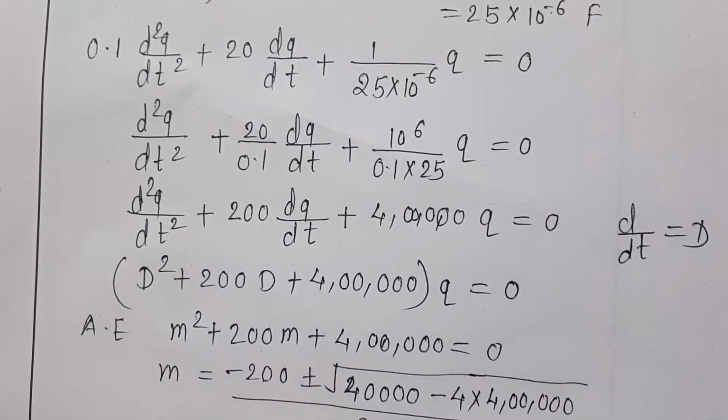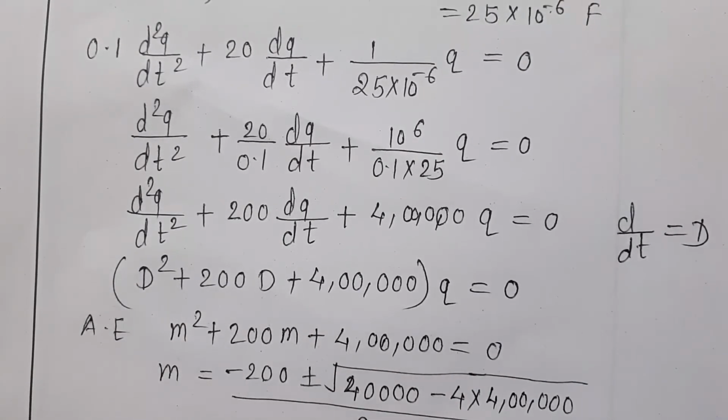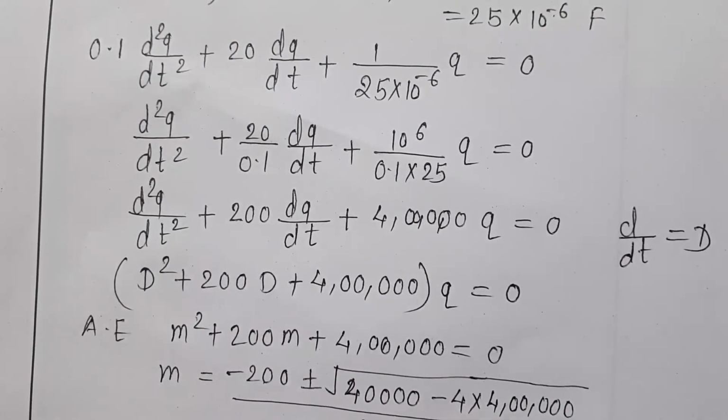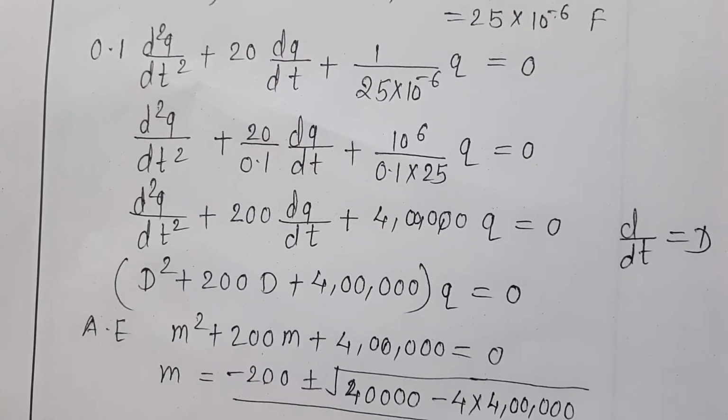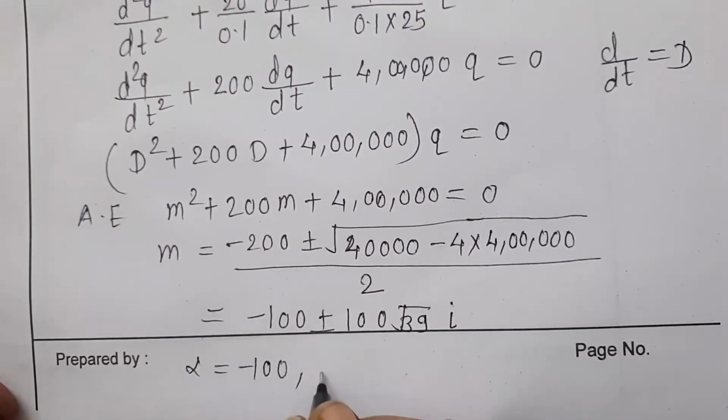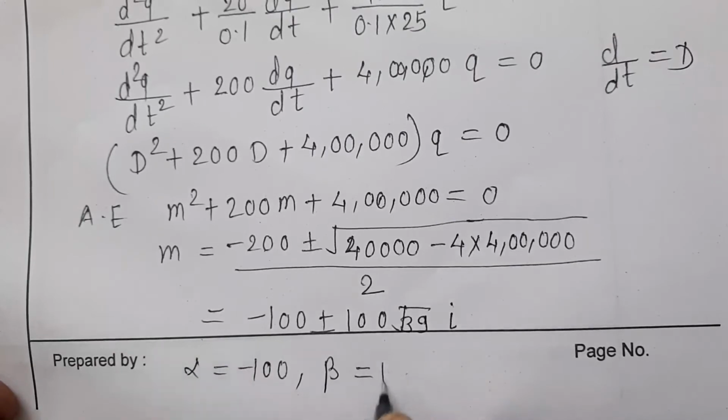So this is 2, which is equal to, if we solve it further, minus 100 plus minus 100 root 39 i. So what is alpha? Alpha is equal to minus 100 and beta is equal to 100 root 39.